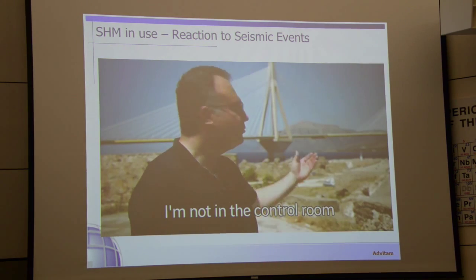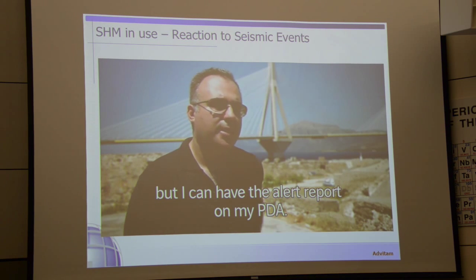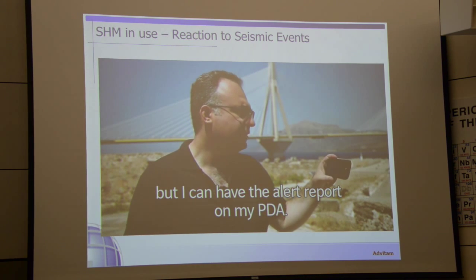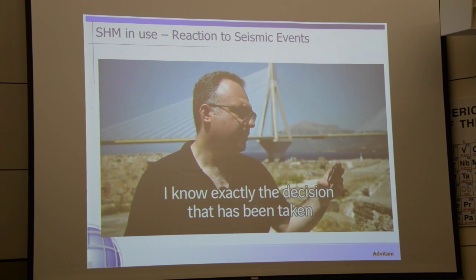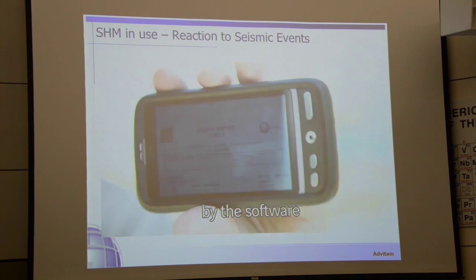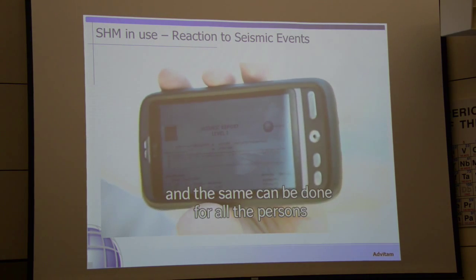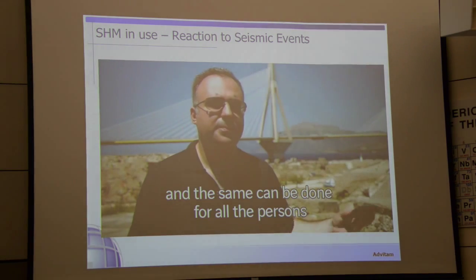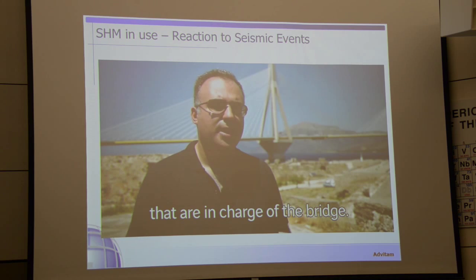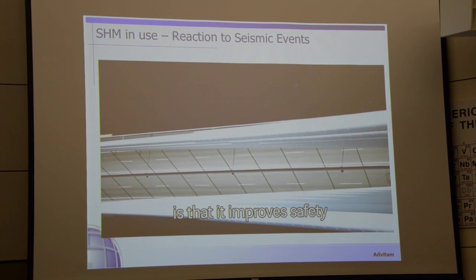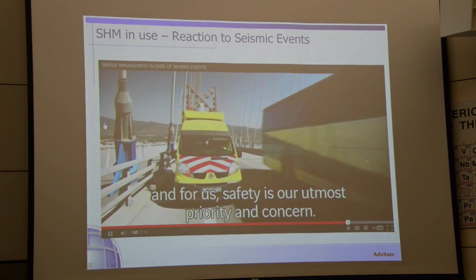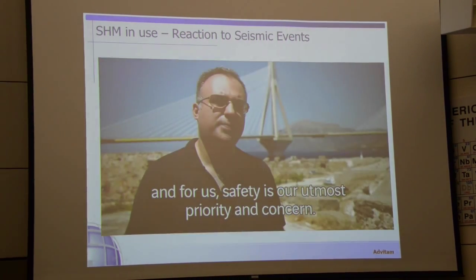I'm not in the control room, but I can have the alert report on my PDA. I know exactly the decision that has been taken by the software, and the same can be done for all the persons that are in charge of the bridge. The great benefit of this system is that it improves safety, and for us safety is the utmost priority and concern.